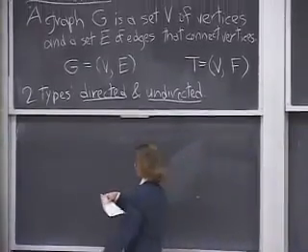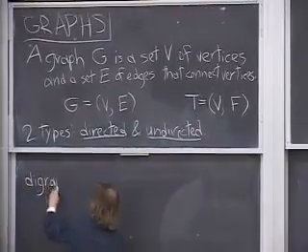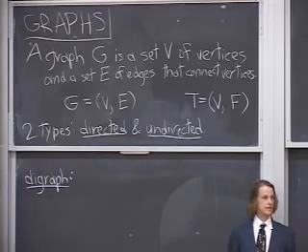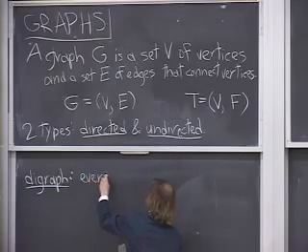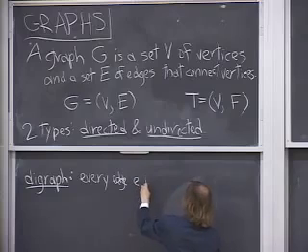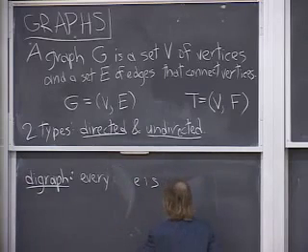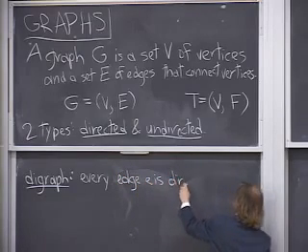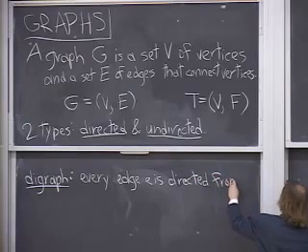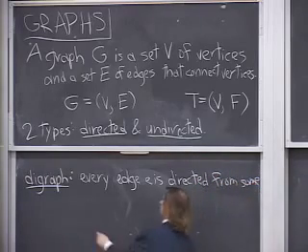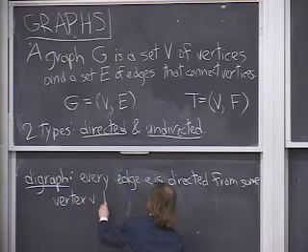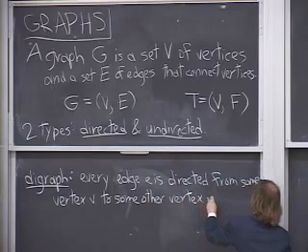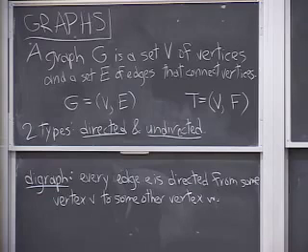In a directed graph, or a digraph for short, every edge E is directed from some vertex V to some other vertex called W. And so typically the way we draw it is like this.